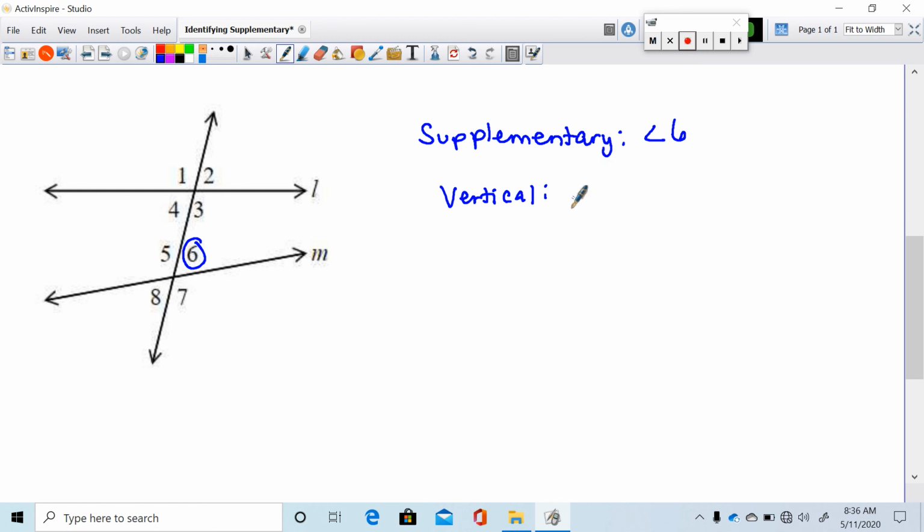I'm going to talk about angle 6 for each one of these. Okay, so next to angle 6, we have side by side either 5 or 7. Doesn't matter which one you choose. The one that's not next to it, that's in that same area, is angle 8. That's the vertical angle.